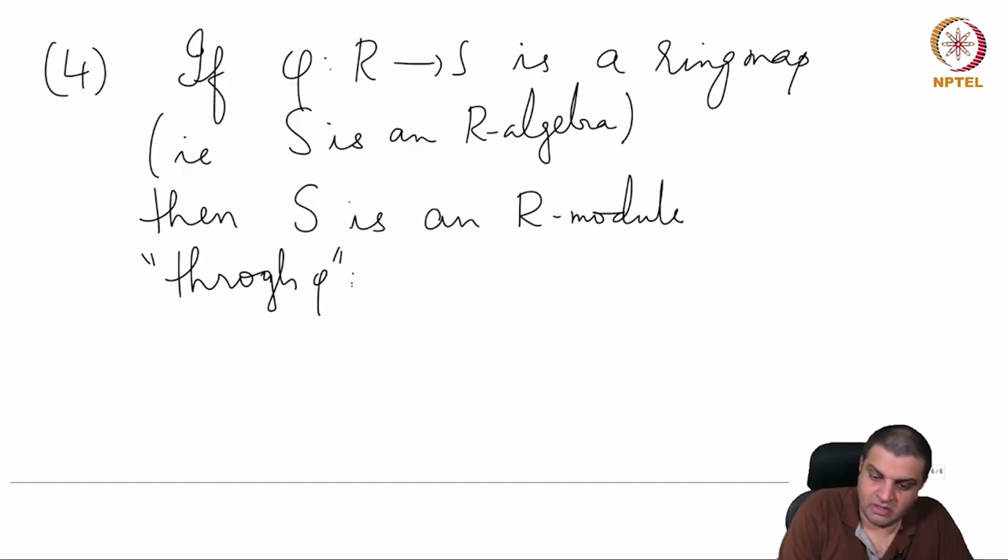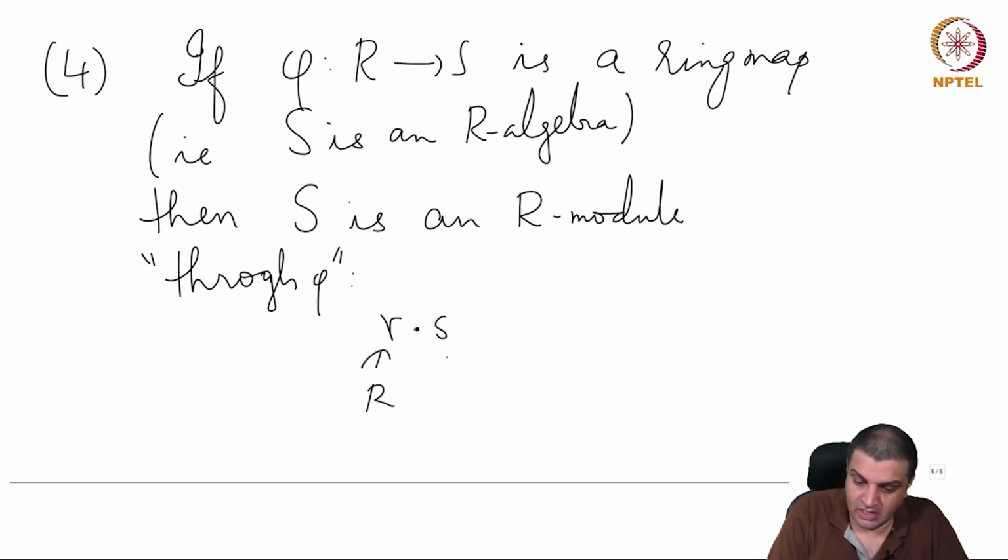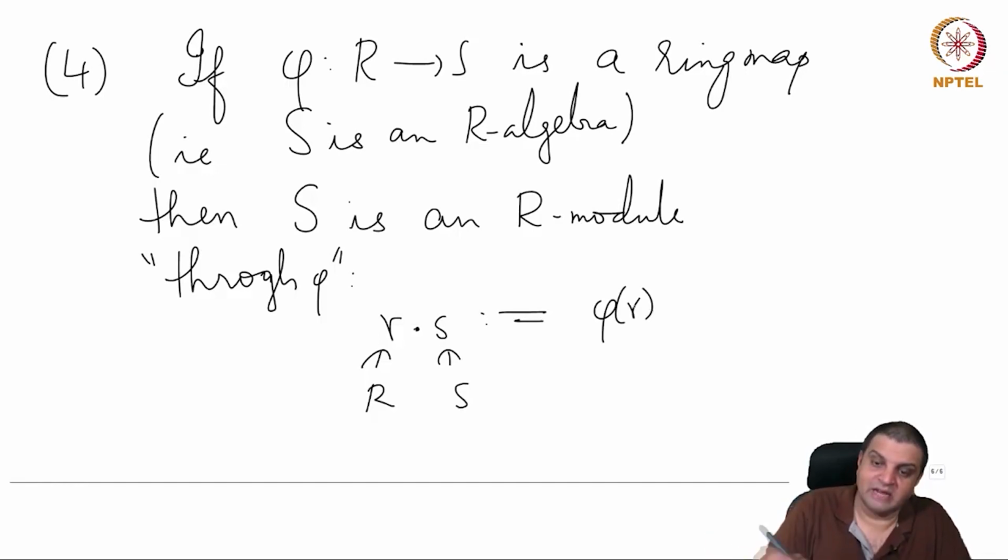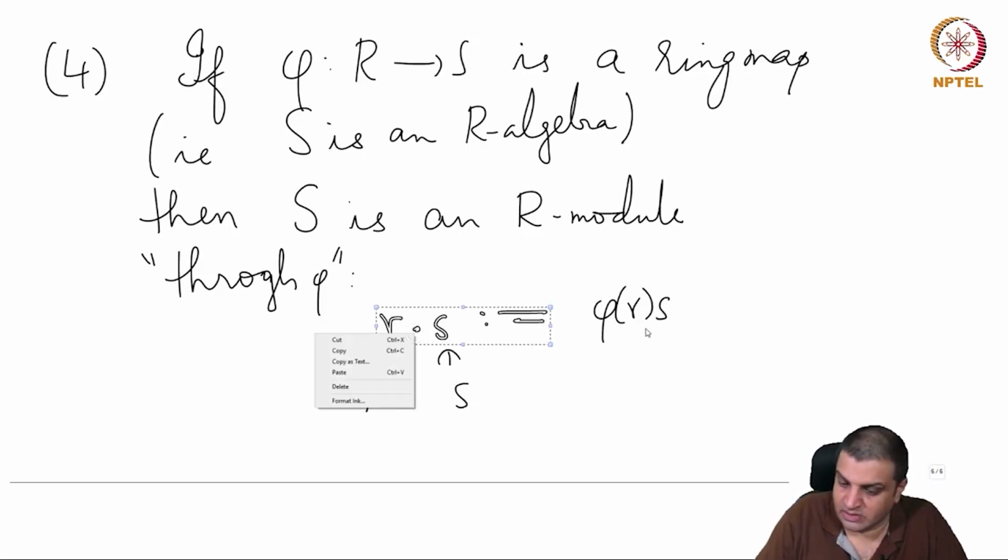We have to say what r dot s is. Here r is in R and s is in S. We define this to be phi(r) times s, which is an element of S. So here we are defining what this dot means, and here this is the product inside S.